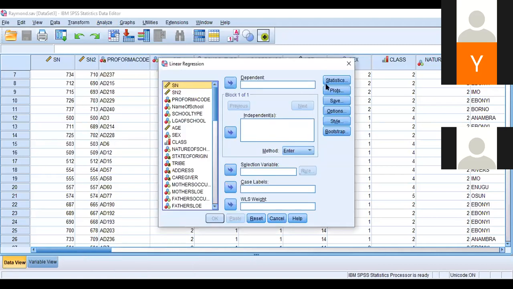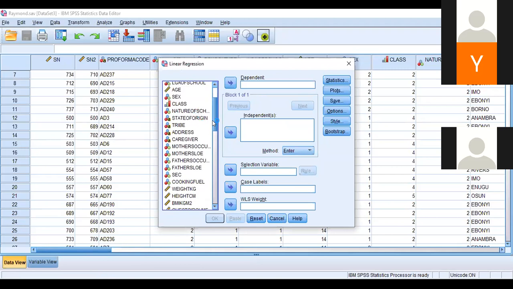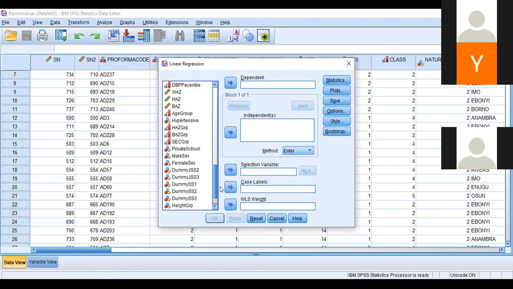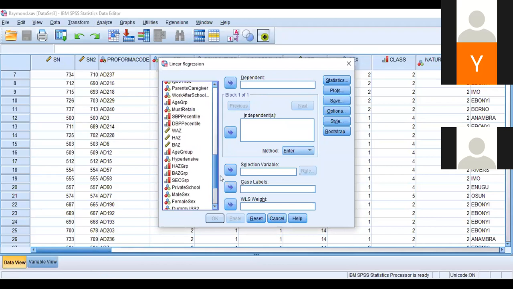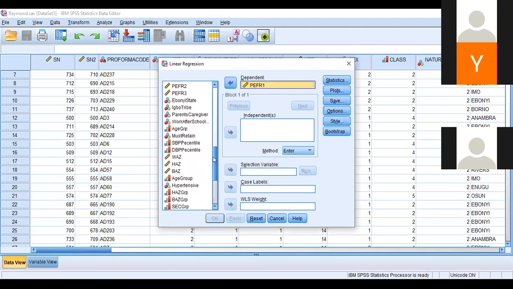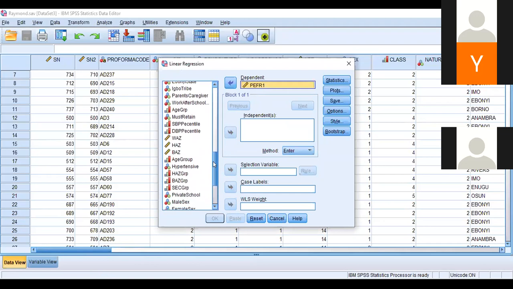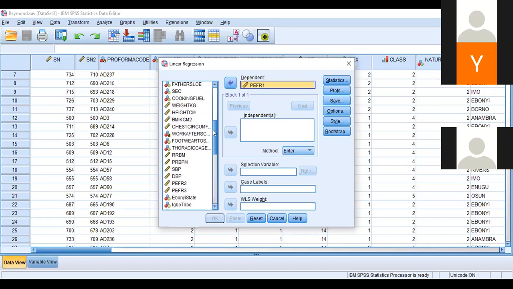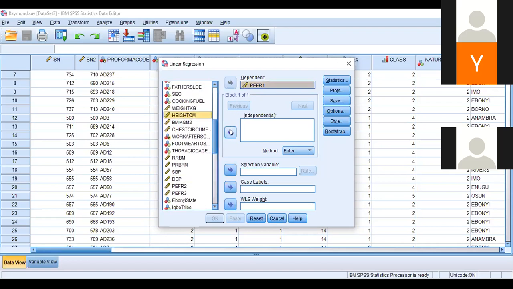Where is that peak expiratory rate? I think it's that one. There are three. Yes, I think it's that one. It's the one dependent variable. So this is the height.